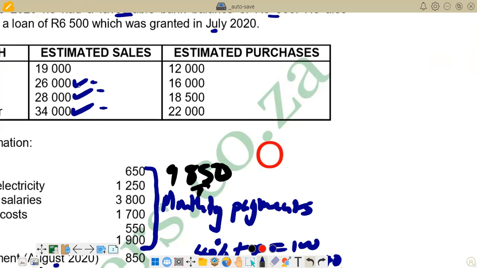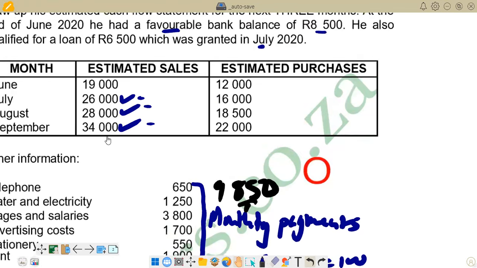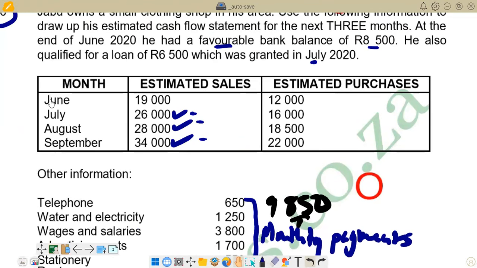So for July, the credit sales that are going to be received in July are for the previous month, which is June. If you recheck the figures, the credit sales for June are going to be received in July. So we are going to say 0.4 times 19,000 for credit sales for June.